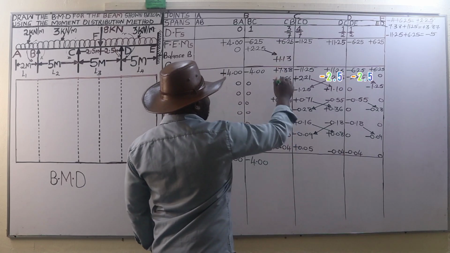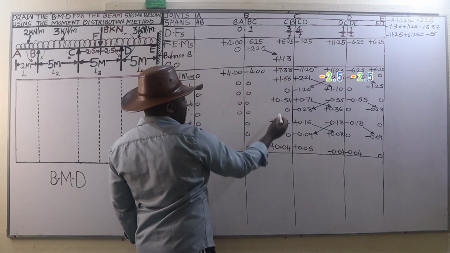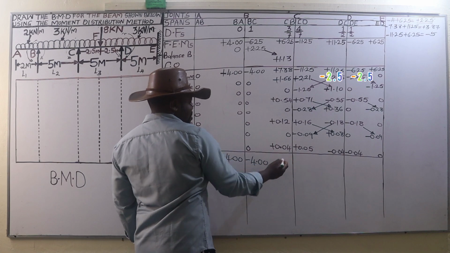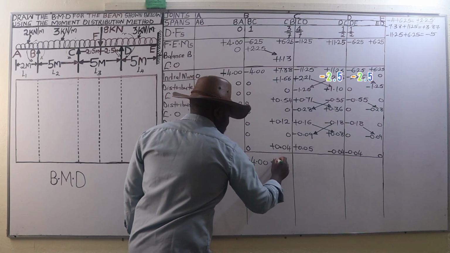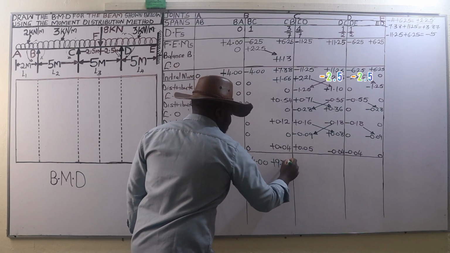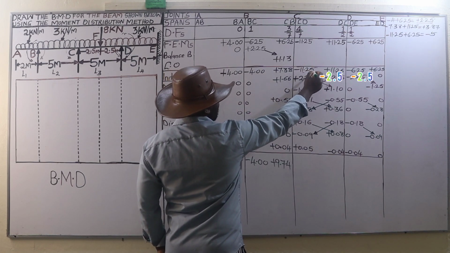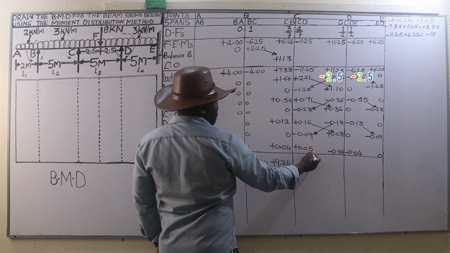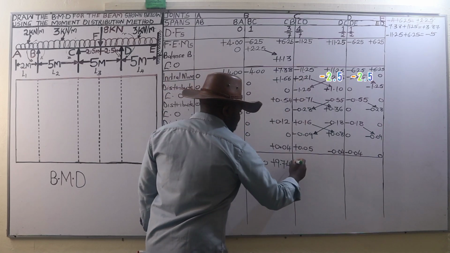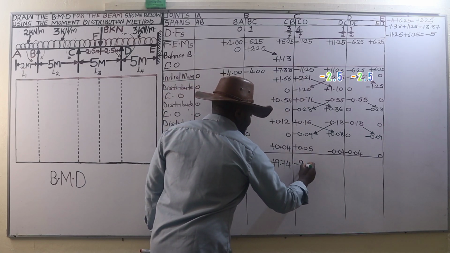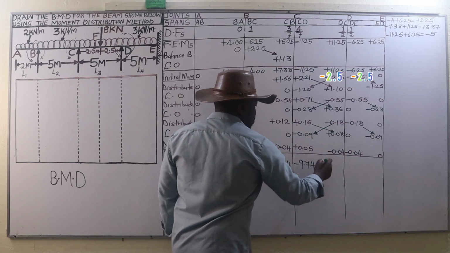On the member CB, when we add from 7.35 all the way to 0.04, we are going to get positive 9.74. The same case on this side, from negative 11.25 all the way to positive 0.05, when we add all this, we are going to have negative 9.74.